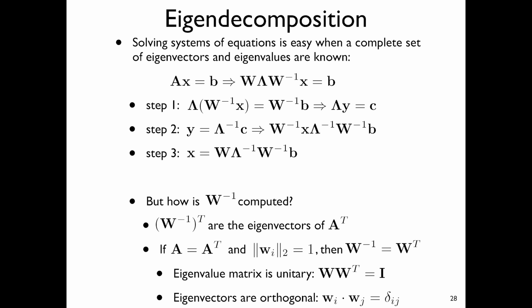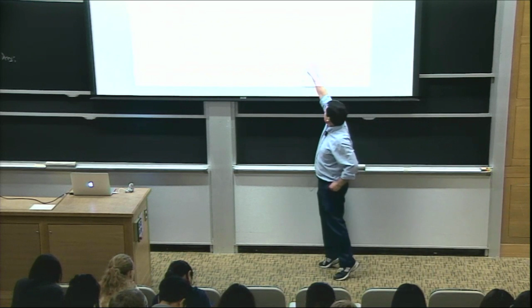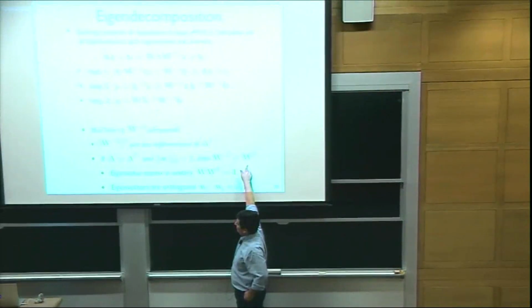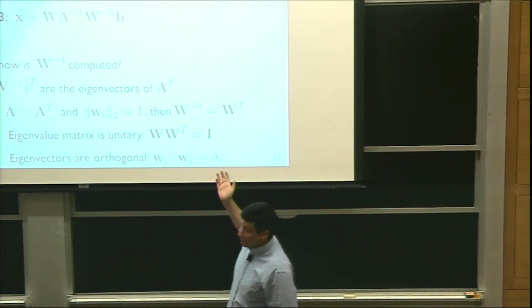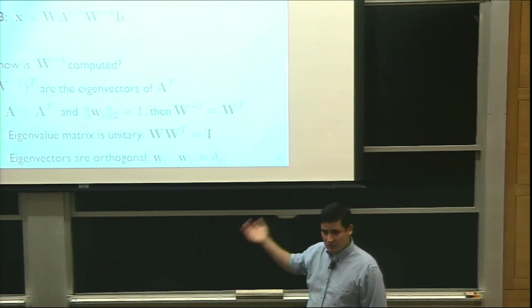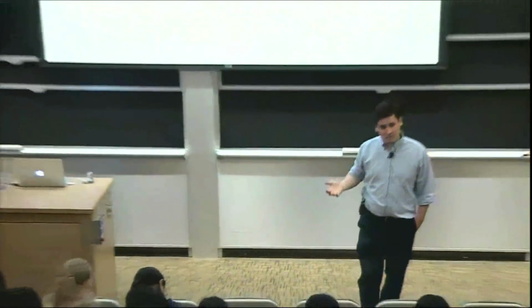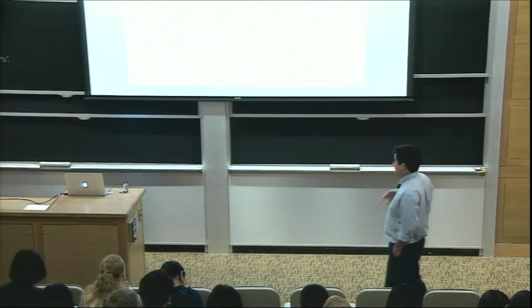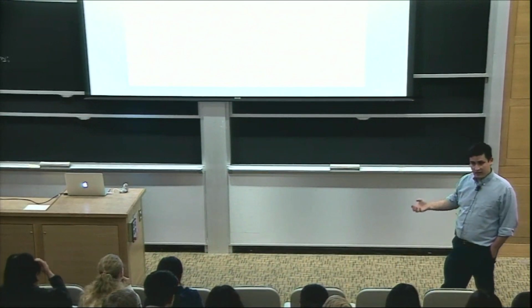And if that's the case, and if you take all of your eigenvectors and you normalize them so they're of length 1, the Euclidean norm is 1, then it'll turn out that W inverse is precisely equal to W transpose. And so the eigenvector matrix will be unitary. It'll have this property where its transpose is its inverse. So this process of computing W inverse becomes trivial.